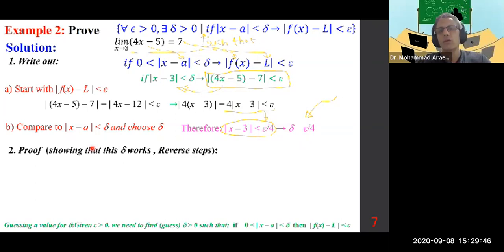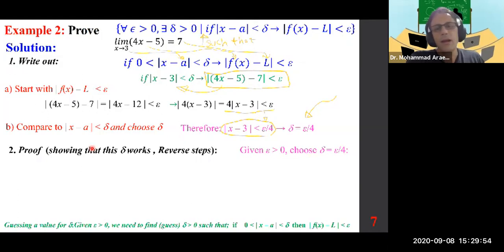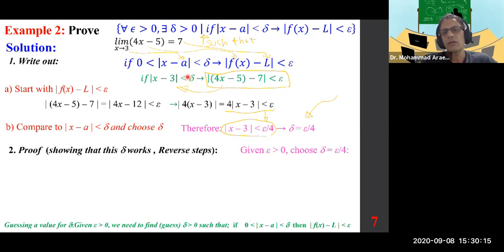Given epsilon larger than 0, choose delta to be epsilon divided by 4. That is the choice based on what we got in the previous step. Now we are going to start with this: absolute value of x minus a is less than delta. In this case, absolute value of x minus 3 is less than delta. So we start with this, and what is delta?